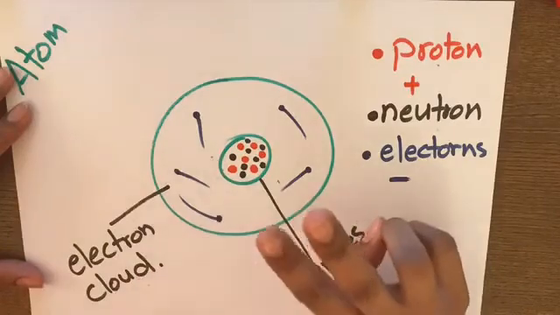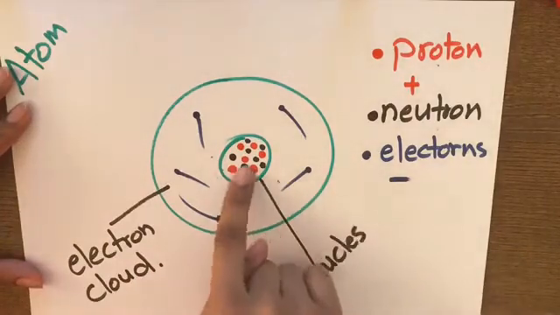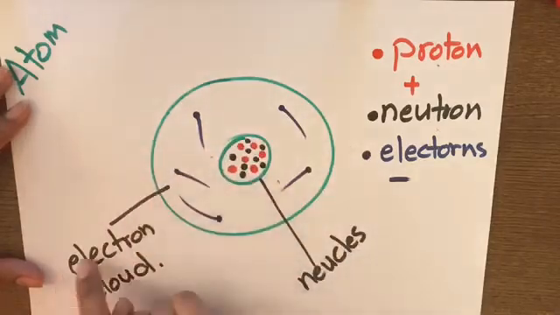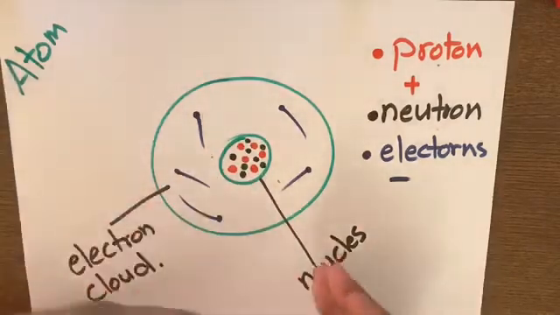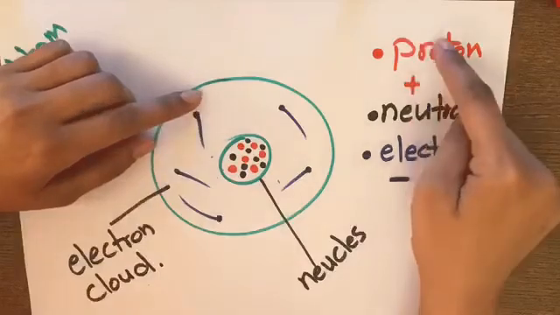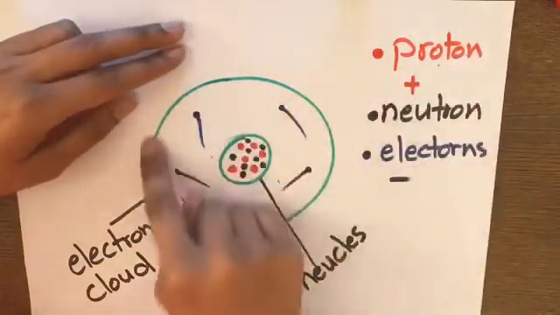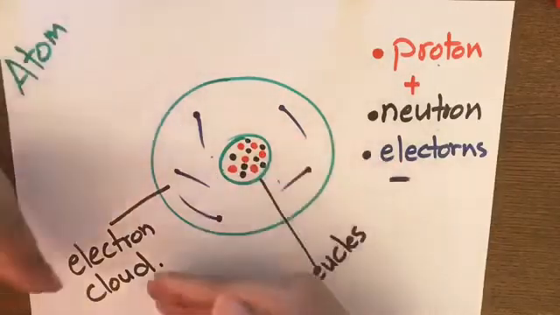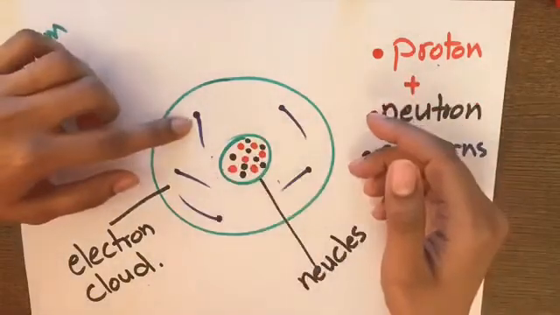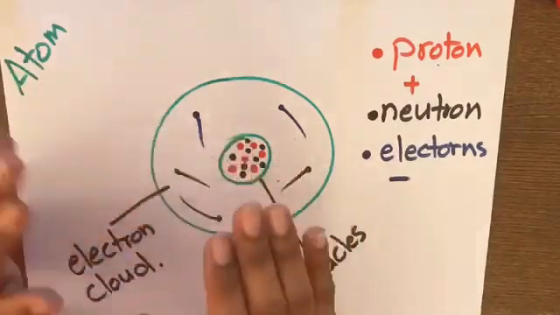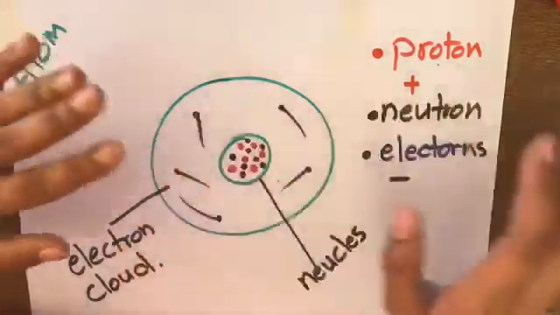This is an atom. It has 2 parts. The first one is the nucleus and the second is the electron cloud. So a nucleus has protons and neutrons. Then the electron cloud, as you can tell from its name, is where electrons are swimming, and an electron can move from one atom to another.